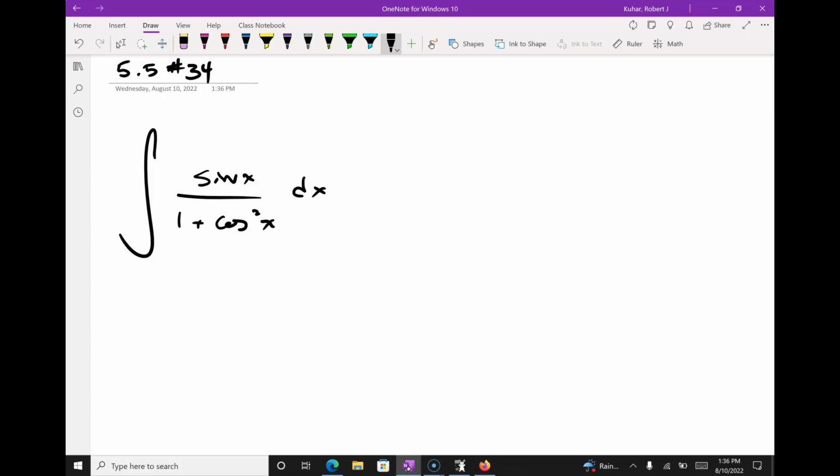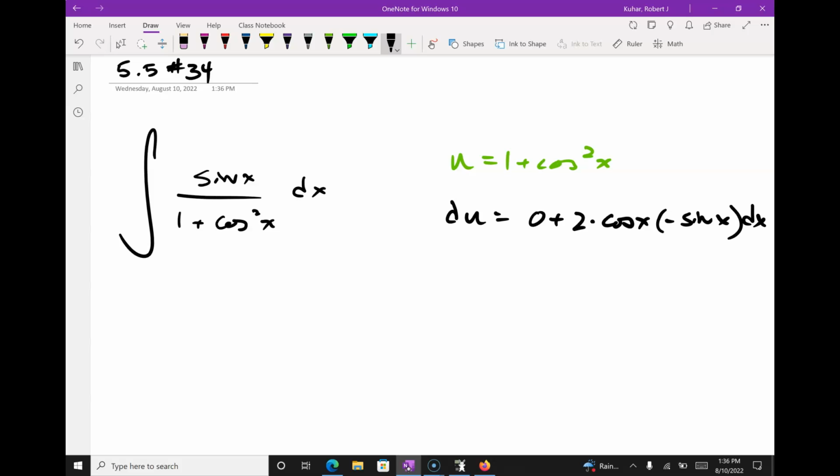But let's see what happens if I pick u to be the downstairs. So u is 1 plus cos squared of x. What is du? 0 plus 2 times the cosine of x times another negative sine of x, dx. So du actually turns out to be negative sine 2x dx.